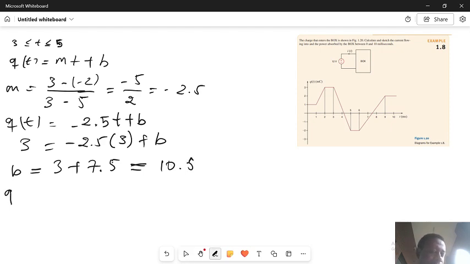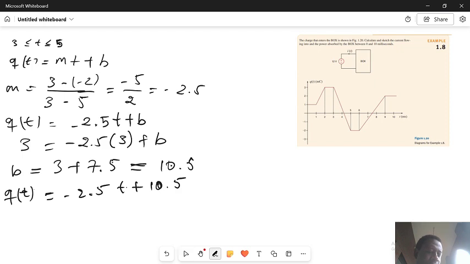Now my charge is going to be q(t) equal to the value of m, which I already calculated, minus 2.5 t plus 10.5. Now that I have the value of the charge, I can determine the current.